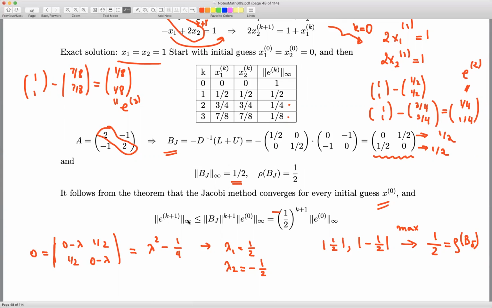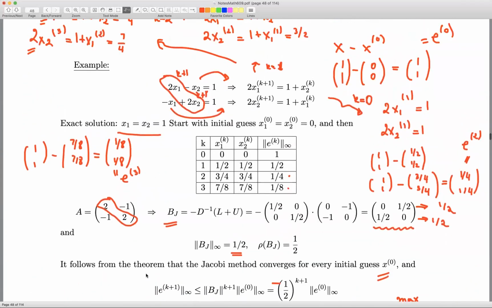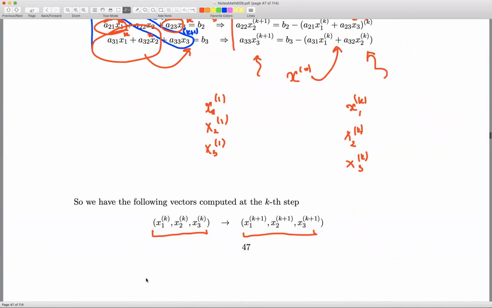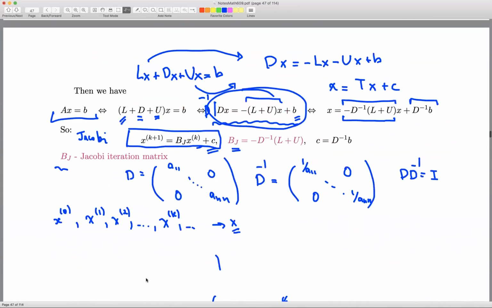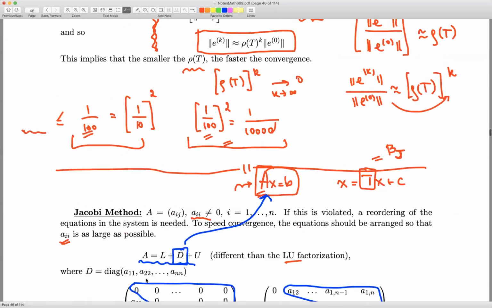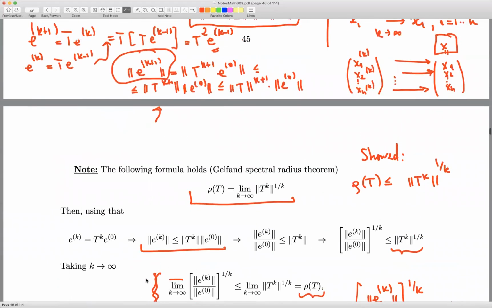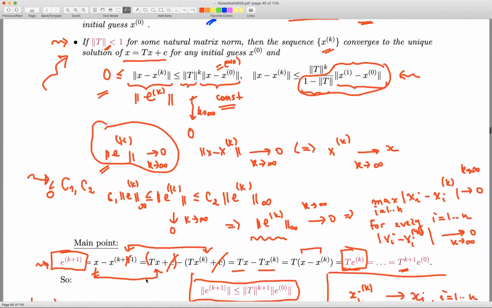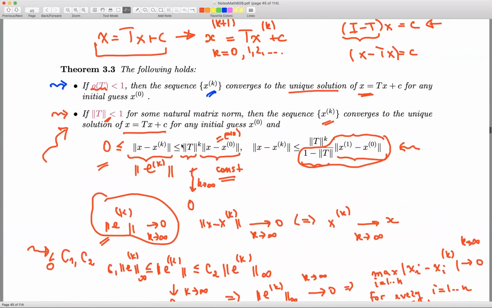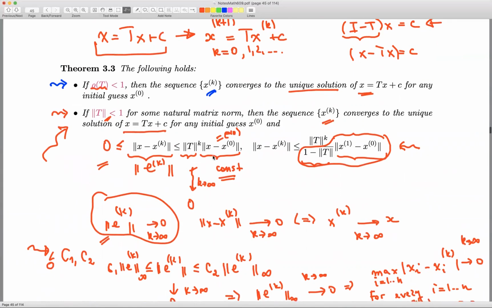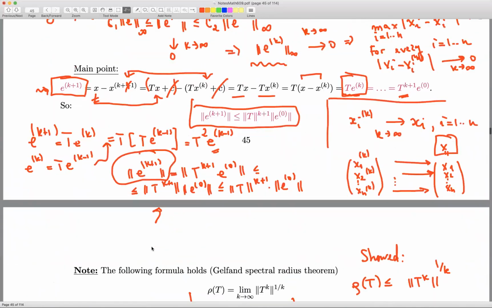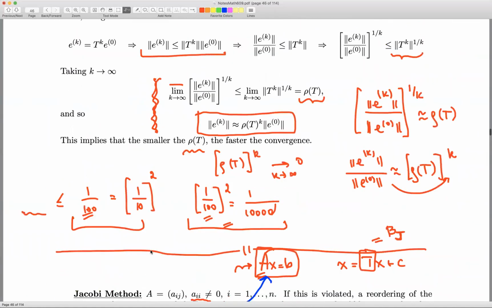And if we apply this particular estimate here, which is the error estimate, you have that the error at step k is less than or equal to the norm of the iteration matrix to the power k times the initial error.